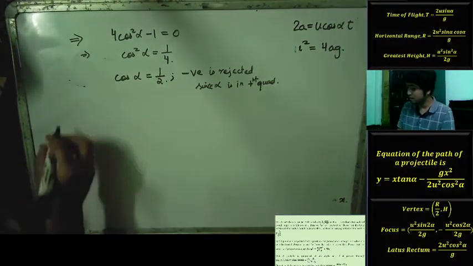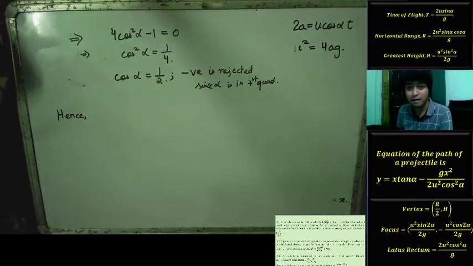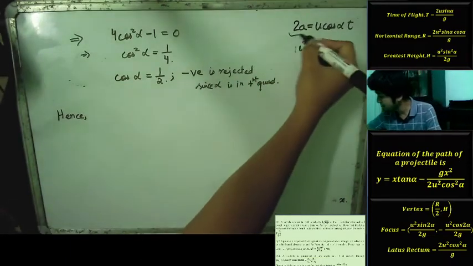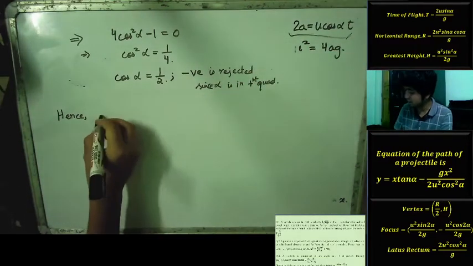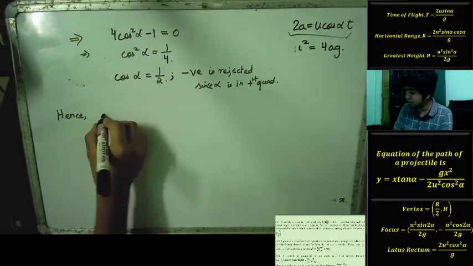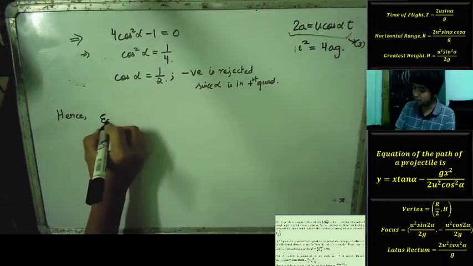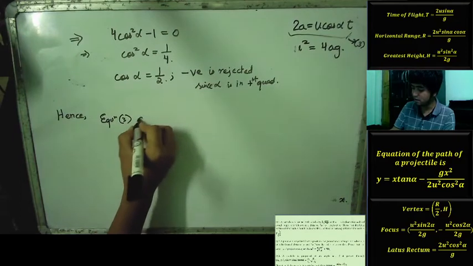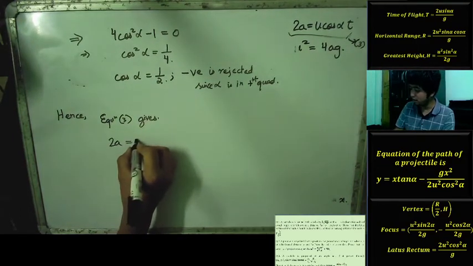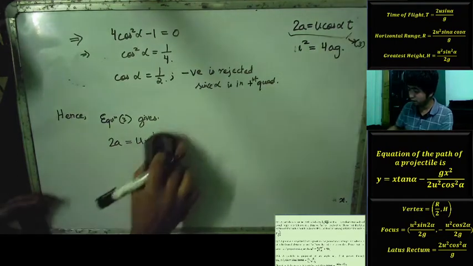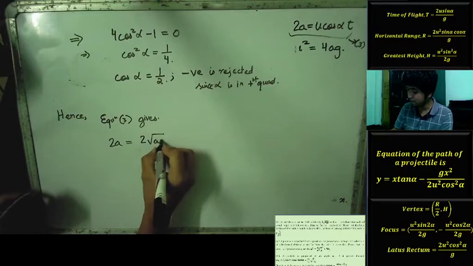Hence, this one was equation 3. Hence equation 3 gives 2a equal to u, it is equal to 2 root ag.